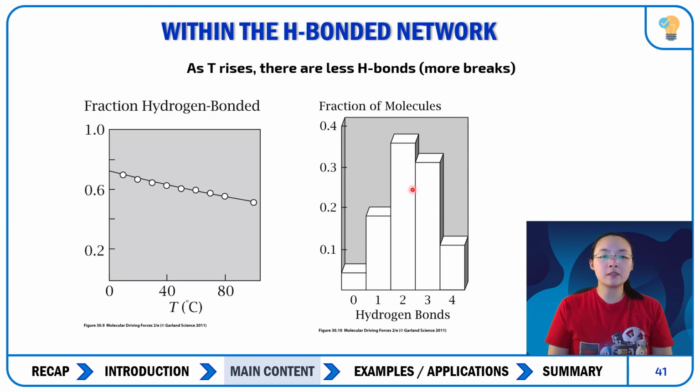To the right, we also see a graph representing the number of hydrogen bonds that the water molecules experience in the hydrogen bonded network. In other words, do the water molecules form 0, 1, 2, 3, or 4 hydrogen bonds with its neighbors?